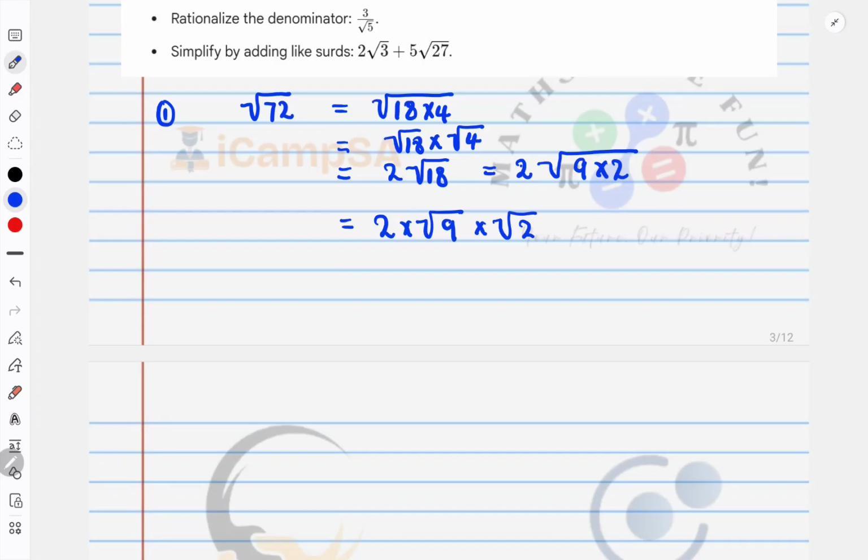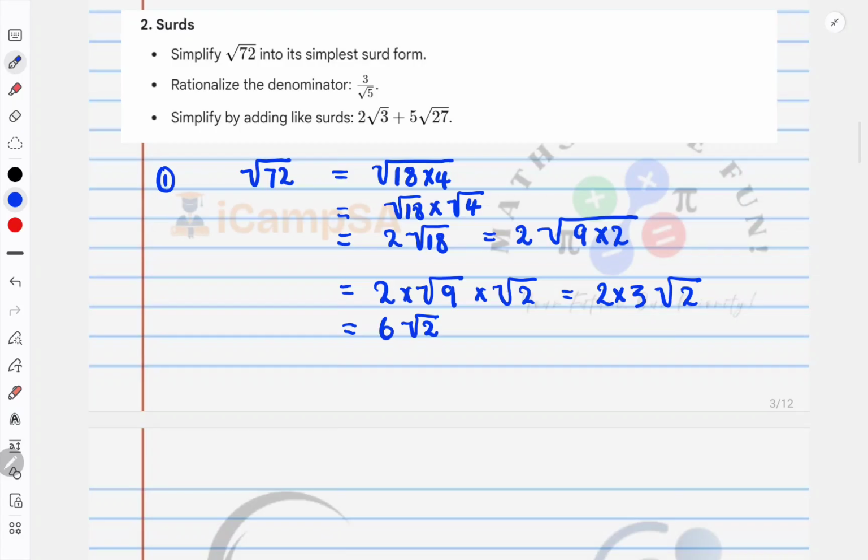The square root of 9 is 3, so we're gonna have 2 times 3 roots of 2. 2 times 3 is 6, so 6 roots of 2. And there we have it. We have the answer, the root of 72 in its simplest surd form.